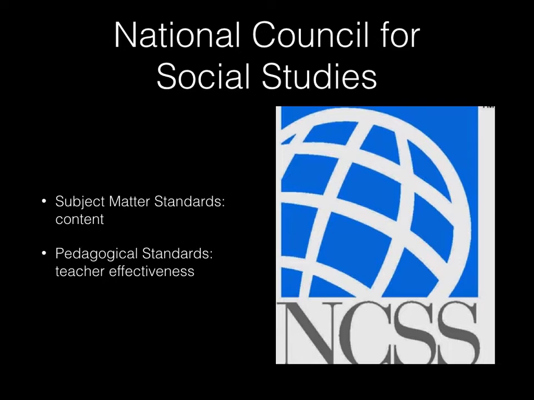Their vision is a world in which all students are educated and inspired for lifelong inquiry and informed civic action. You'll see that phrase through all of these organizations. Their big mission is to support educators, again, in making sure that their students are informed citizens. It started in 1921, and right now they're the largest professional association devoted just to social studies in the country.